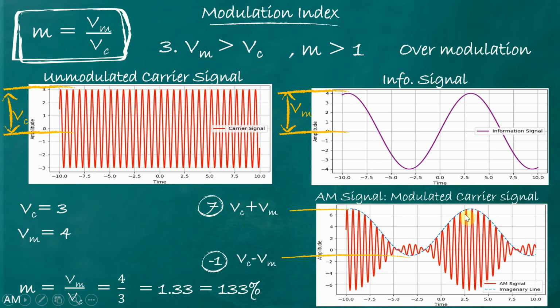In this over modulation case, when we have set m greater than 1, and we transmit this over modulated signal, at the receiver end the demodulator will detect this kind of waveform, which is somewhat different from what was transmitted from the transmitter.